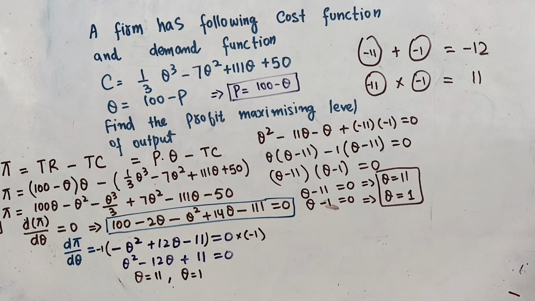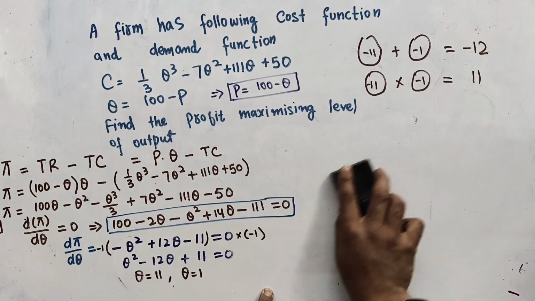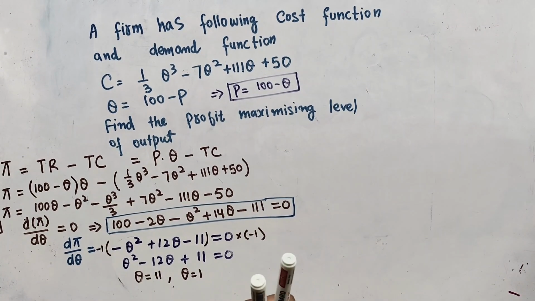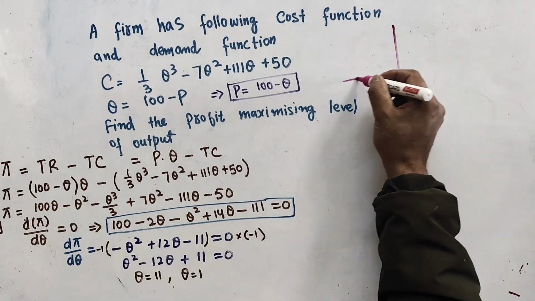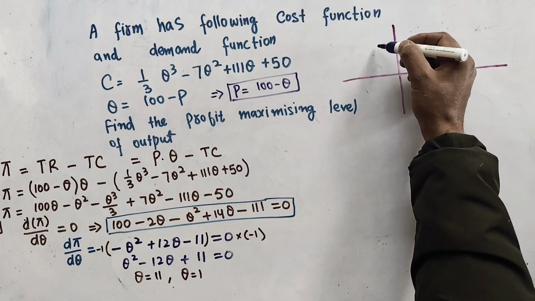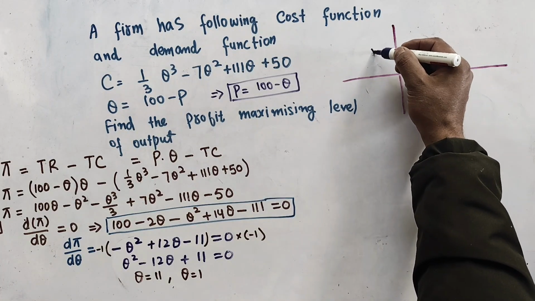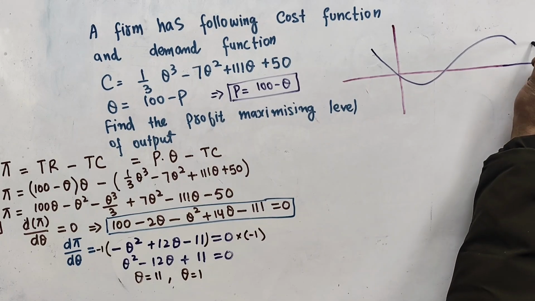Okay, so now let me rub this out. If I draw a simple graph, since we have the cubic function, it will look like this. We will have this kind of function. Okay, so this is our profit function.